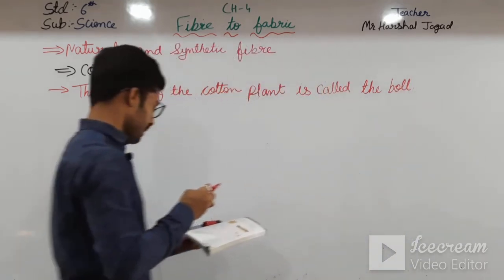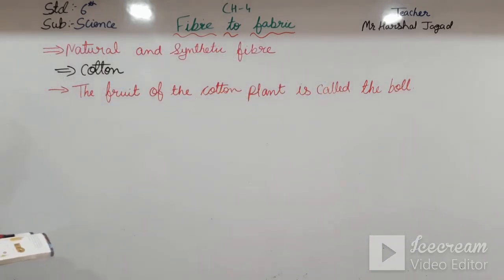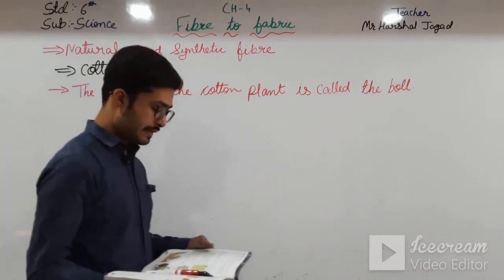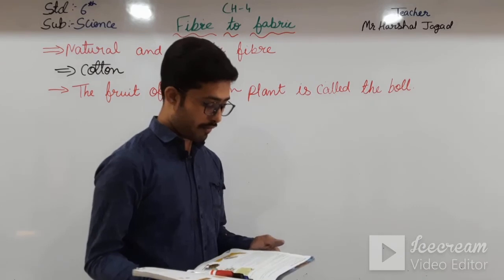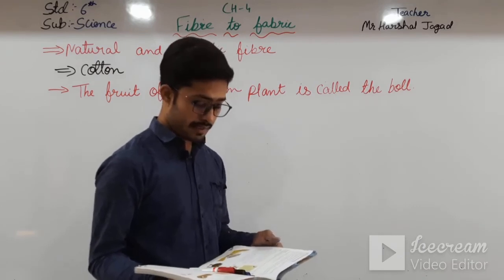Okay, students, the fruit of the cotton plant is called boll. The boll has seeds inside. Cotton fibers grow around the seeds.